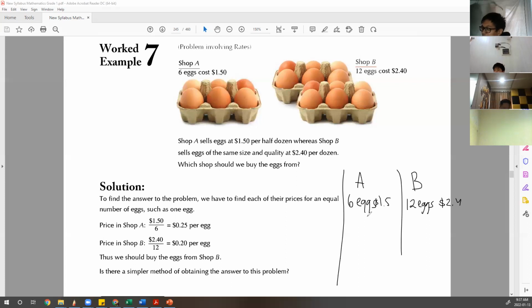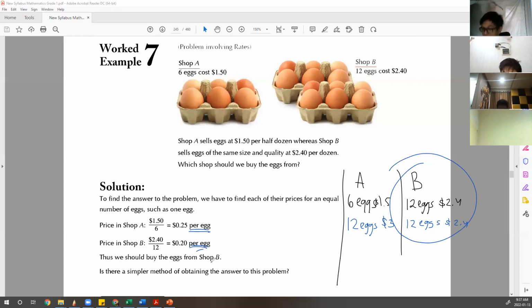How about we compare not one egg by one egg. I don't compare per egg, but I compare 12x. 12x in shop A will be times 2, right? $3, right? And shop B 12x is $2.4. So which is cheapest? Shop B.